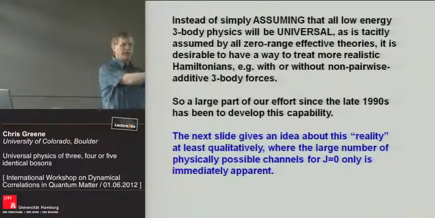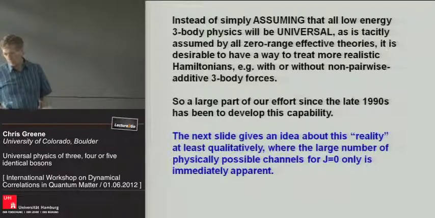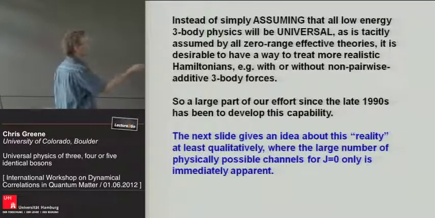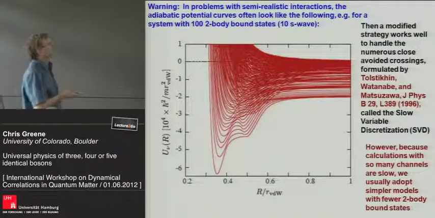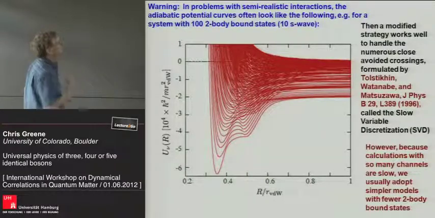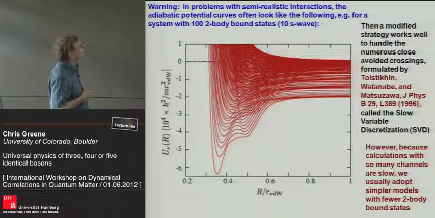If someone hands me a Hamiltonian for 3 particles, I want to be able to really implement this strategy and solve the Schrödinger equation. Unfortunately, if you take, say, 3 alkali atoms, you get a horrifically complicated set of things, and at first glance it may not look like you've made any promising progress by adopting this hyperspherical point of view.